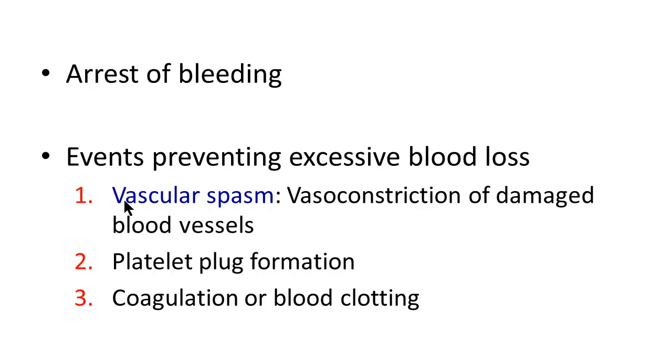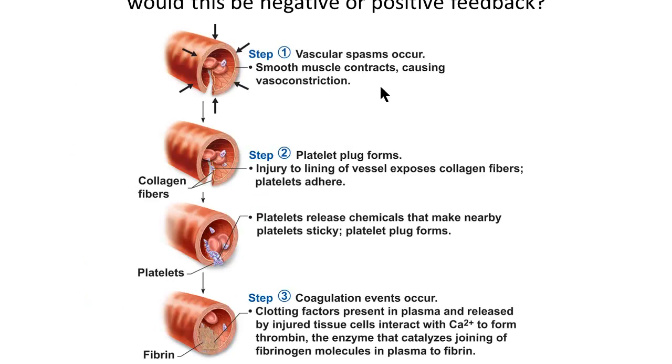And then, if that is not enough to stop the bleeding, if you have more than a paper cut, for example, then the third step comes in, which we call coagulation, or actual blood clotting. And that's multiple steps that lead to the formation of a blood clot. We can see just the general steps we just talked about: the spasm here, the platelet plug forming as platelets stick, and these platelets release chemicals that make more platelets stick.